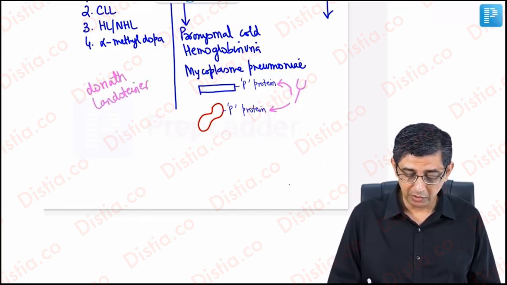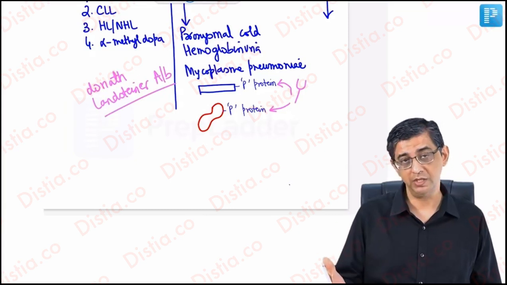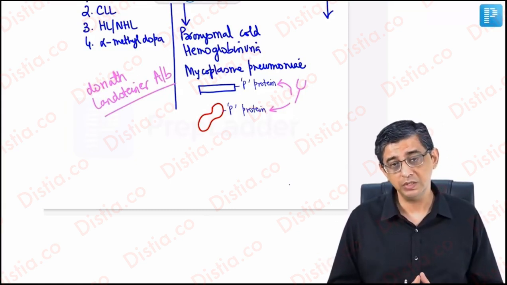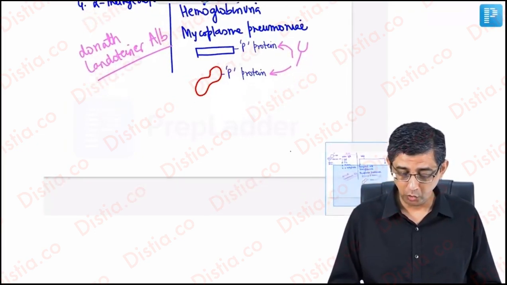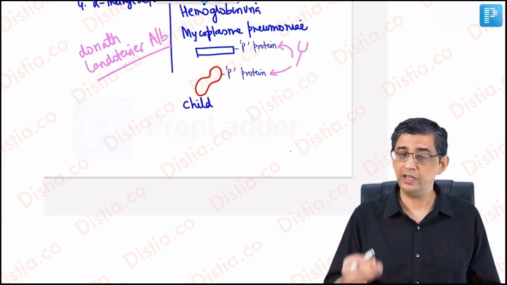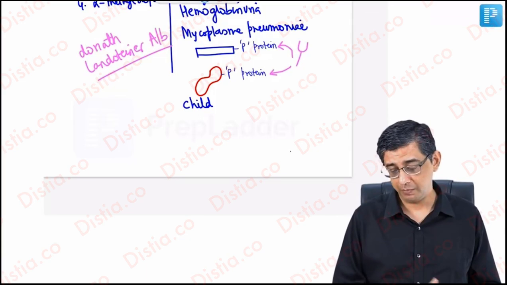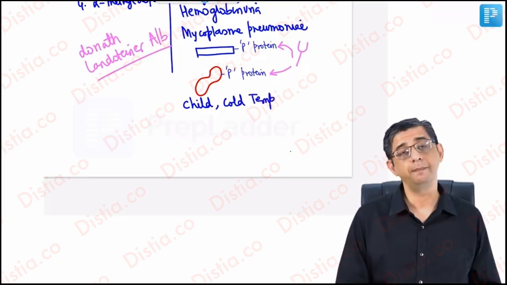The concept is that this Donath-Landsteiner antibody will get sensitized at cold temperatures and then subsequently will cause hemolysis in the body. So I'm describing a child who had suffered from a bout of Mycoplasma pneumoniae already. He's already suffered. He was maybe also treated for the episode of pneumonia. Now the parents went to, let me say, a higher altitude for a small holiday.